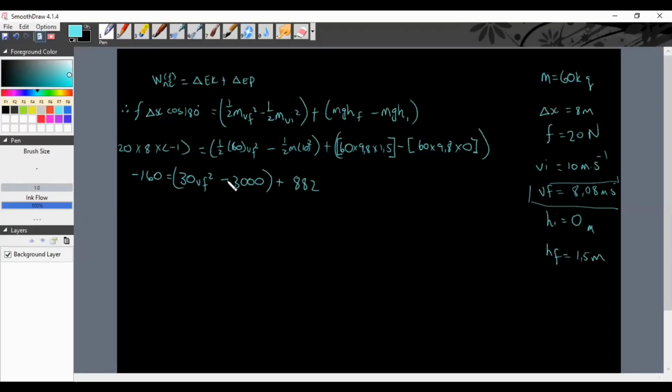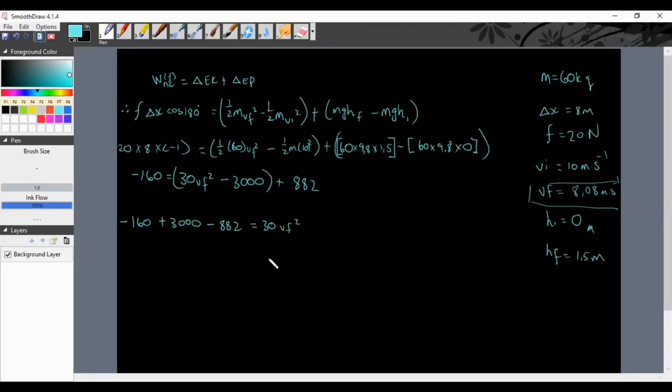Obviously, I want to get 30 VF squared on its own, so on this side, I'm going to have minus 160 plus 3,000, sorry, there's a minus over there, and minus 882. It's going to give me 30 VF squared.